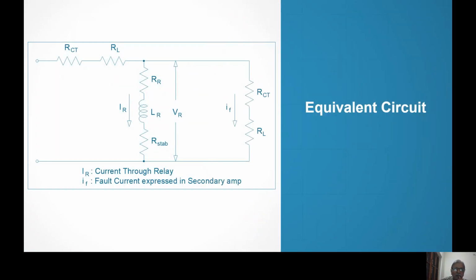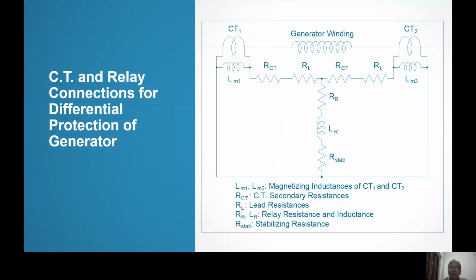So we consider the worst possibility. The worst possibility means CT1 is under flat saturation. CT2 is ideal.